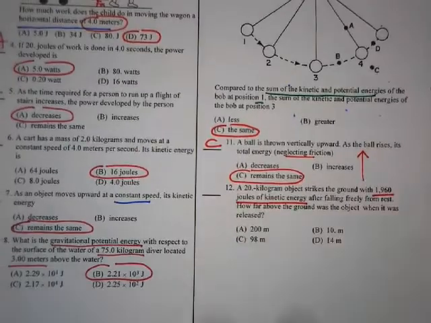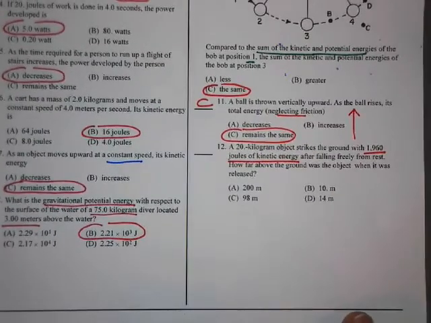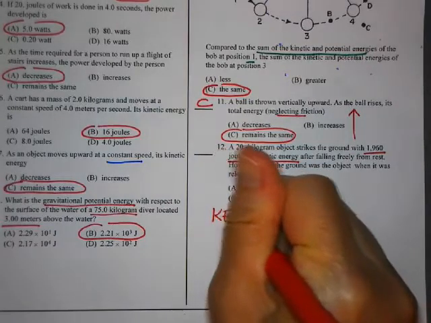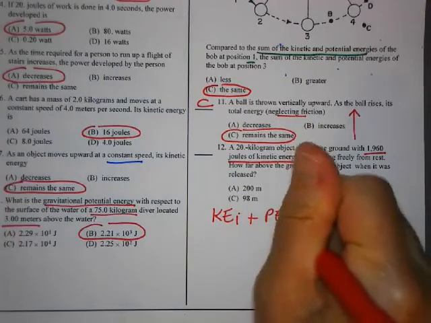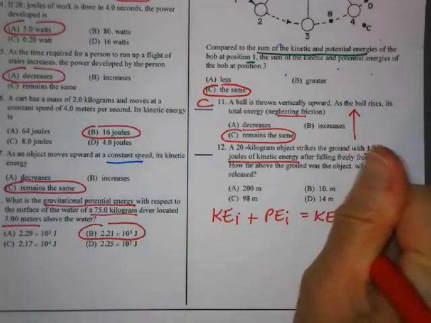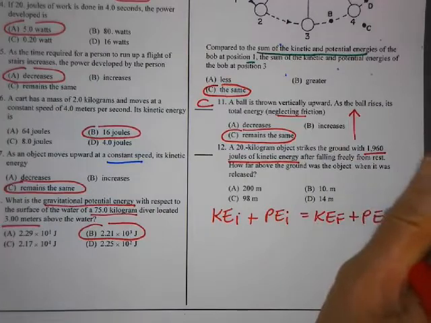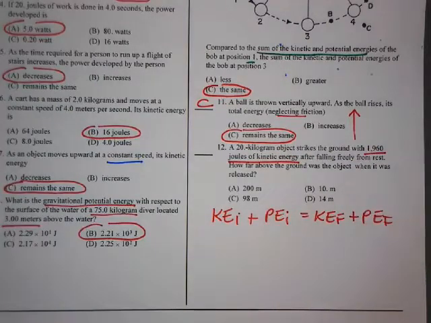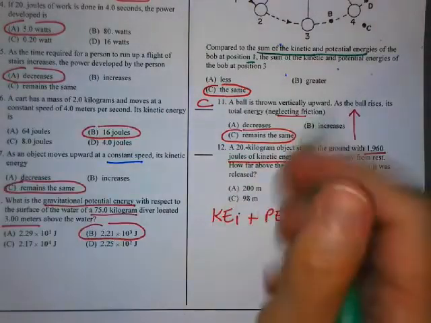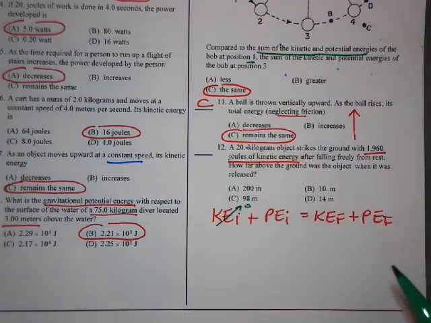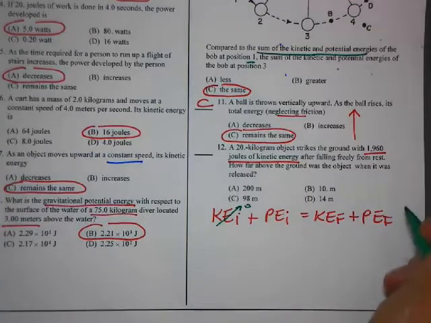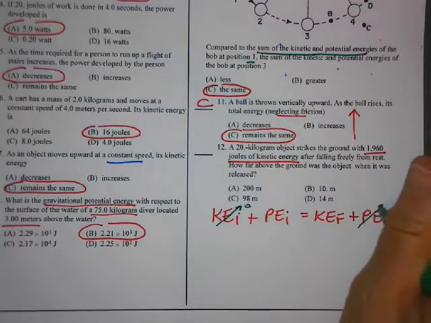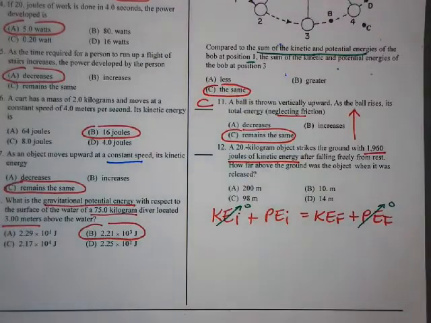If you want, you could write the whole equation: KEI plus PEI is equal to KEF plus PEF. But now we have to say to ourselves, well, initially, the kinetic energy is 0, and at the end, when it strikes the ground, the potential is 0, because the ground is base level.